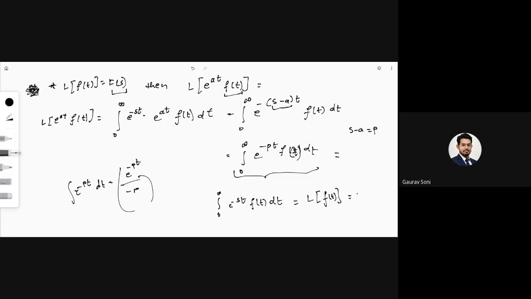But what is it denoted by? F of S, capital F of S. So 0 to infinity e to the power minus st f of t is capital F of S. So what will this be?